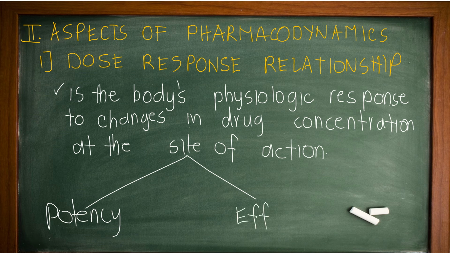So to understand further the dose-response relationship, which is the physiologic response, the normal response of the body to certain changes in the amount of a drug at the specific site of action, we need to understand what potency is and what efficacy is.